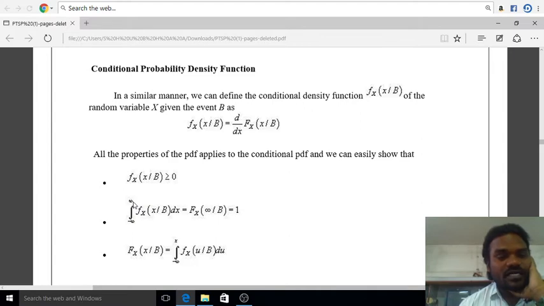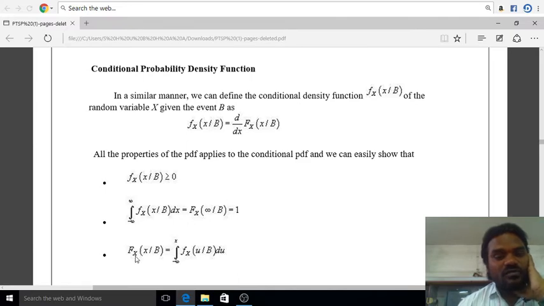It is the integral from minus infinity to plus infinity of fx of x by b dx, which equals 1, because the summation of all the probabilities must be equal to 1 only. It is a very basic formula for the probability density function.